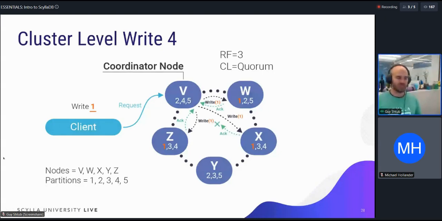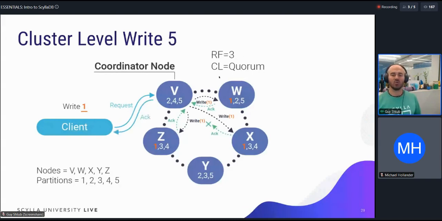Okay, so I see some people are saying it's successful, and you're right. Because the consistency level is defined as quorum, then 2 out of the 3 nodes would be a quorum. And since 2 out of 3 nodes sent an ACK that was received by the coordinator node, node V would return success, an acknowledgement to the client saying the write was successful.